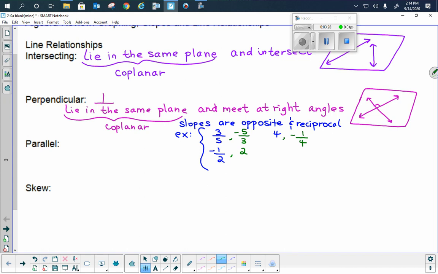Okay, parallel lines then. Parallel lines, the symbol for parallel, remember, looks something like that. Okay, and then again, our definition will be lie in the same plane. Once again, the word for that, coplanar.